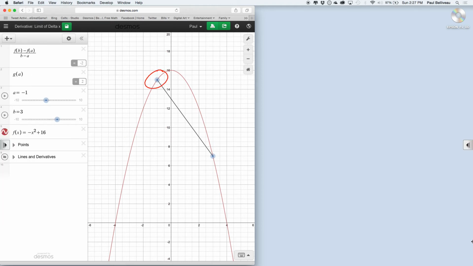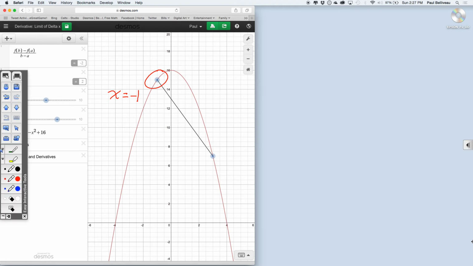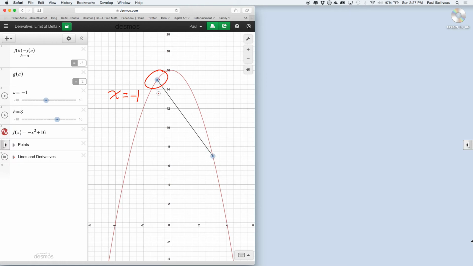If we take a look at this point, this is the point where x equals -1. I don't even care what y is at this point. What I'm interested in is the instantaneous rate at that point. The average rate between 2 points, as we discussed on Friday, is the slope of the secant line.